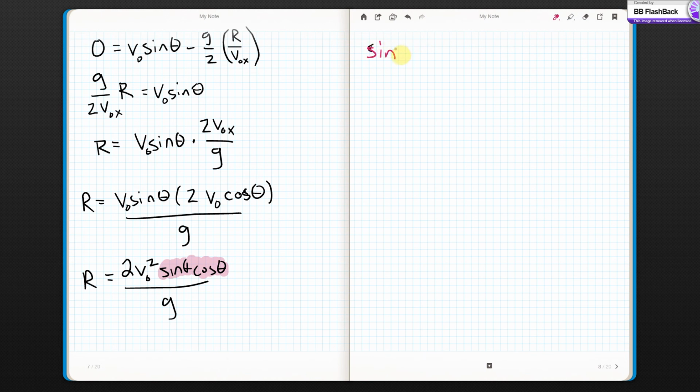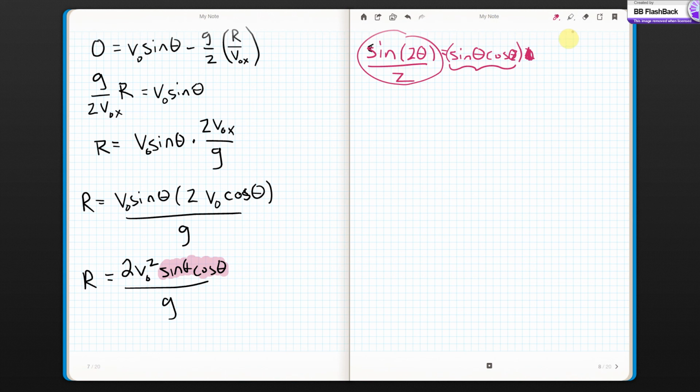The trigonometric identity says that sine of 2 theta is equal to, oops, I forgot the 2, 2 times sine theta cosine theta. I want just this part though, so I'm going to divide both sides by 2, and that goes away. So I can replace this section right here in the equation with this.